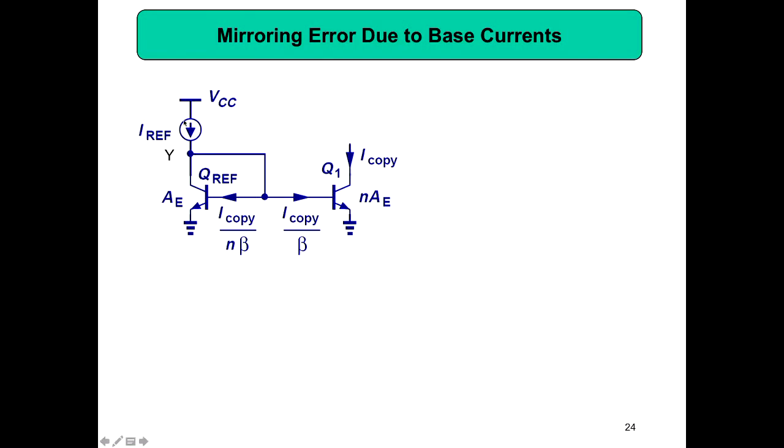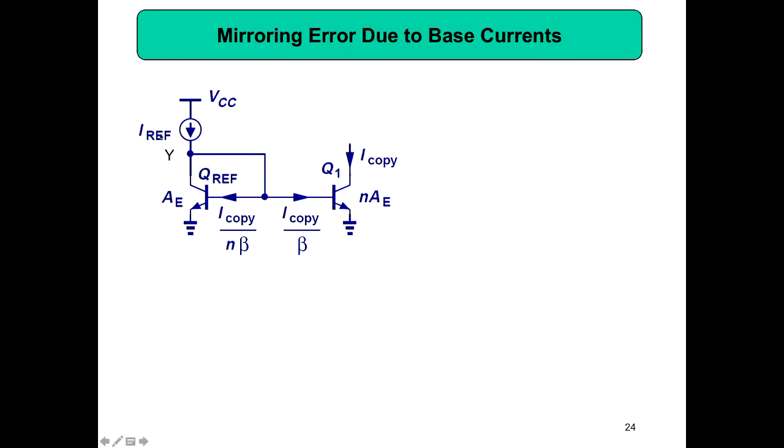So in order to take into account the error, this is our golden reference, that is I reference, that is coming here. Then from here your current is coming to this point, then branching into 2. This part is for biasing this transistor, the base current for Q reference, and this current is for your Q1.